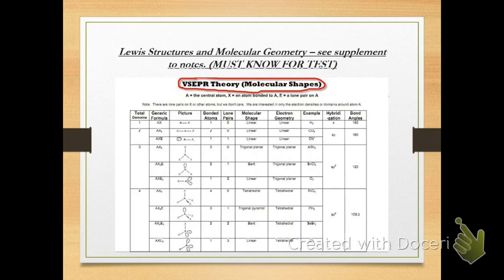So I would go to the little 4 section, and then I would say, oh, it has no lone pairs on it, so it's got 4 bonded atoms. It would be tetrahedral. But if it's got 4 areas of electron density and it has 2 lone pairs, what would that shape be? Bent. Okay, so you see how we're using the chart. Helps to know how to use the chart before we start drawing things. Okay? So, let's draw.